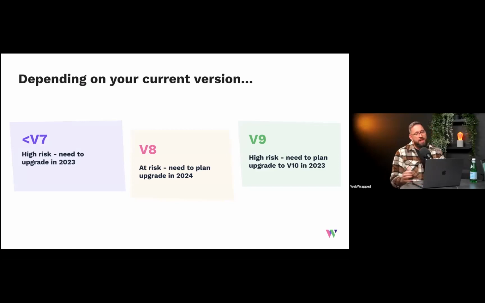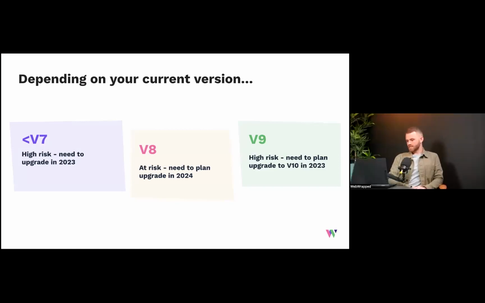So depending on your current version, there's a couple of options, isn't there? So version 7 and version 8 are pretty much in the same sort of camp. Version 7 is closing in on end of life next year, so it's more of a priority. Version 8 is a bit further into the future, but the way we tackle it is the same. It is a rebuild, because as I mentioned, the underlying technology that it's built on has changed.